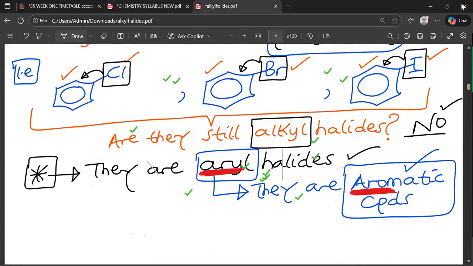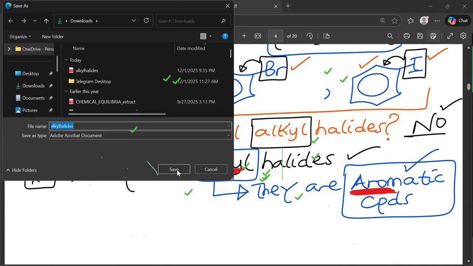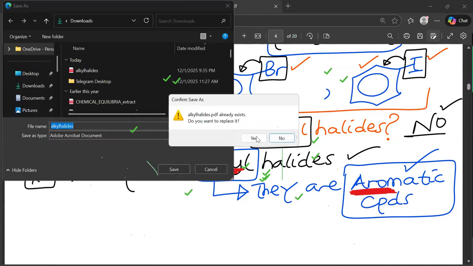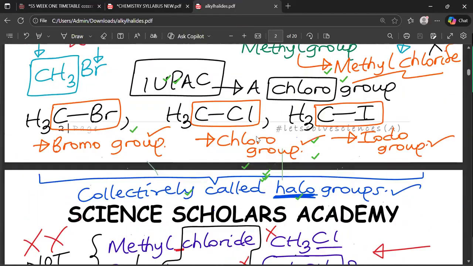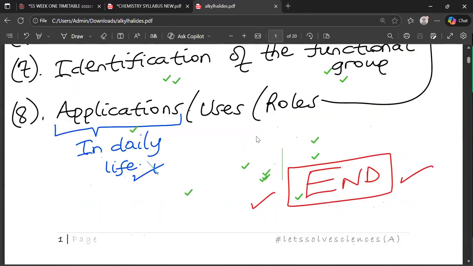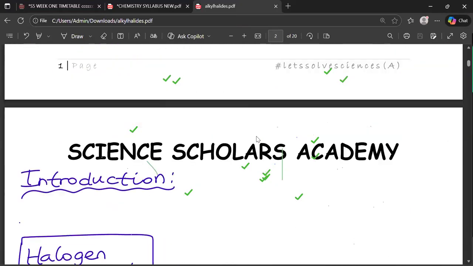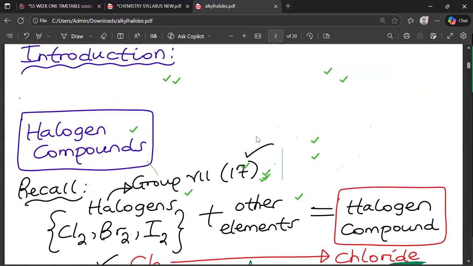So I'm going to go back to the introduction and use the other space and tell you what everything meant. On the very first page, it is the second. Halogen compounds are basically two.